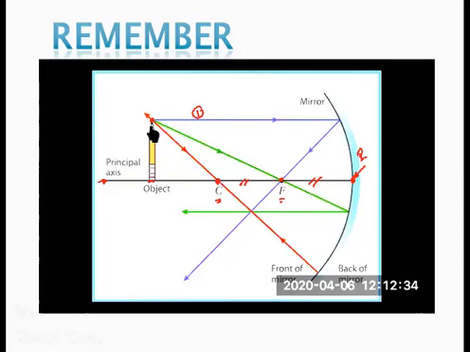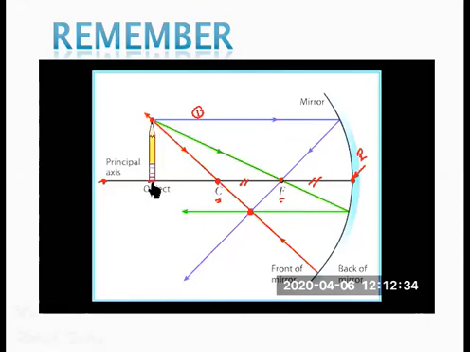Because we will search for the point where any two rays of these three rays meet. These three rays should meet each other in one point. So wherever these three rays meet each other, the image of the head will be formed.